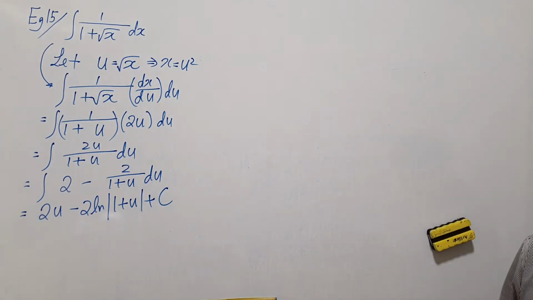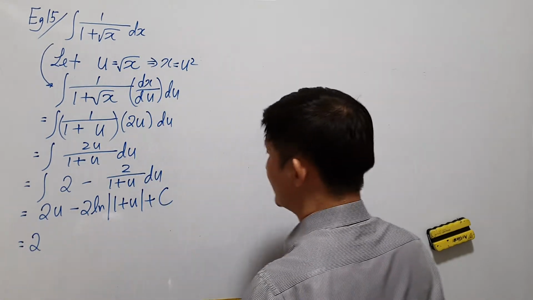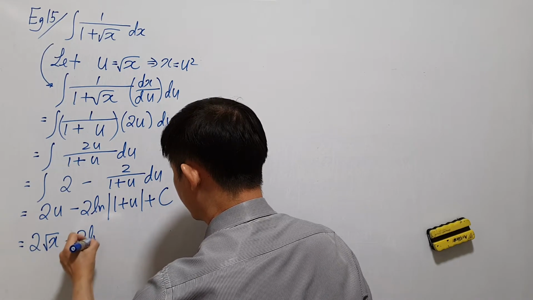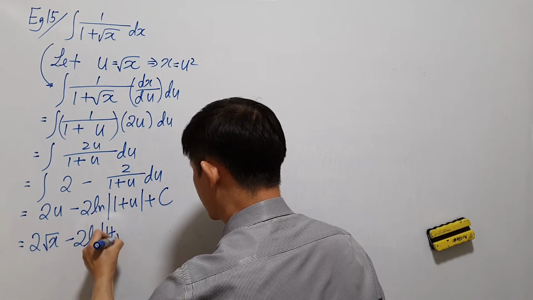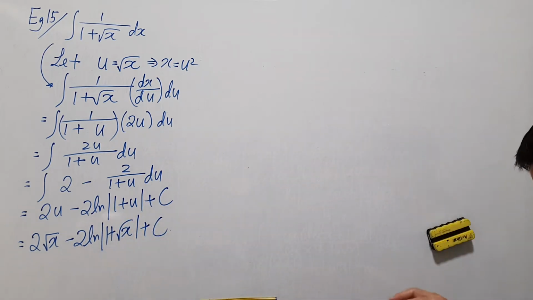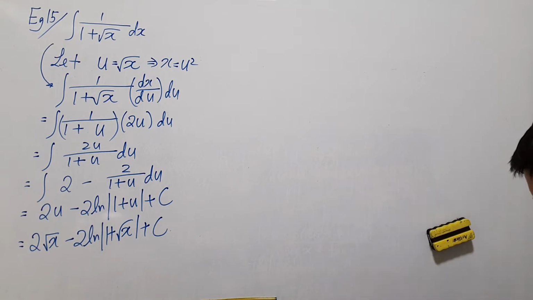Because this is an indefinite integral, you must put back the original variable, which is x. So in place of u, I now put in square root x, 1 plus square root x. Right, that's example 15. Let's do example 16.